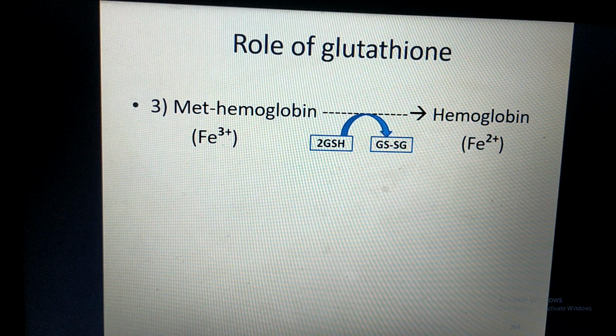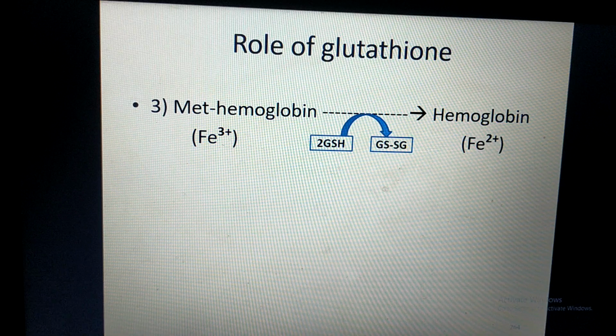Now, in our body, this methemoglobin is continuously formed. Why? Because iron wants a stable state. The stable state of iron is the ferric form. So iron readily gets oxidized to achieve the ferric state, and hemoglobin is converted into methemoglobin.